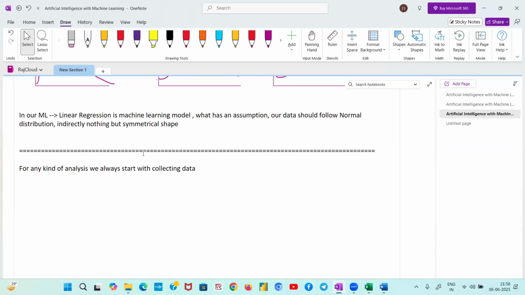But how much data can we collect? To be frank, the answer is sample data. What is meant by sample data? It's a representative of the population.